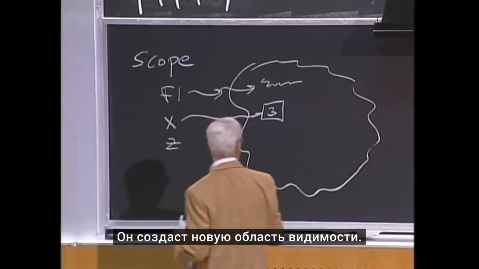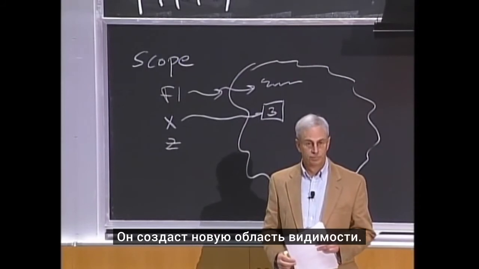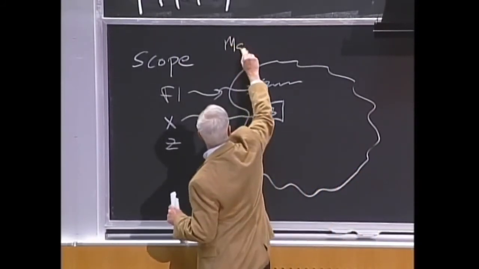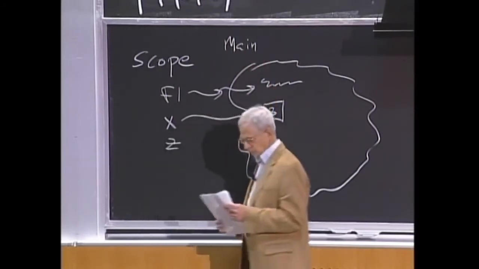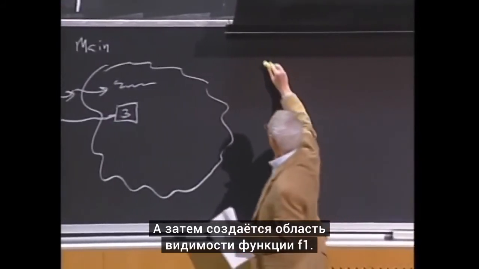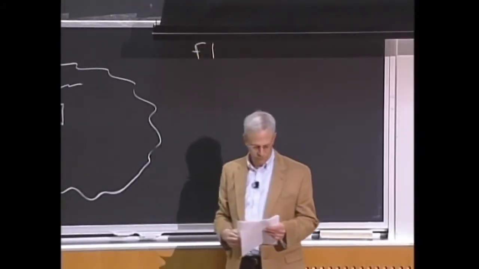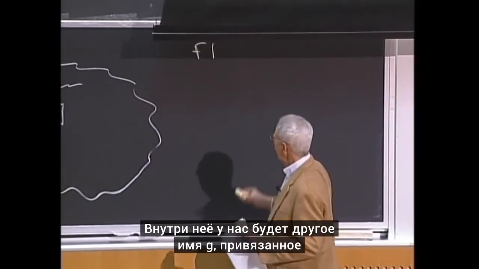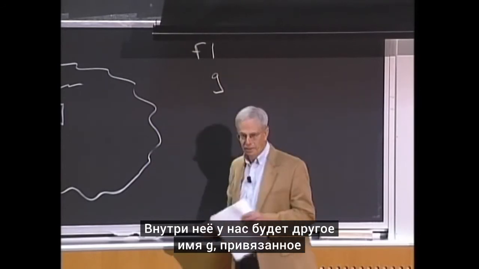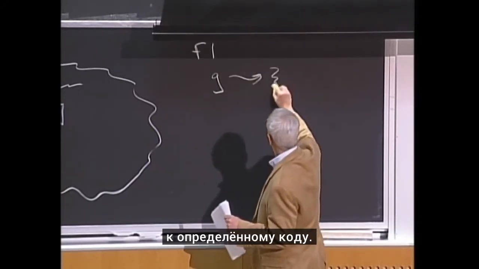When it does that, it will create another scope. So this is the main scope. It will next create a scope called the F1 scope. In that, it will have another name, G, which will be bound to some code.